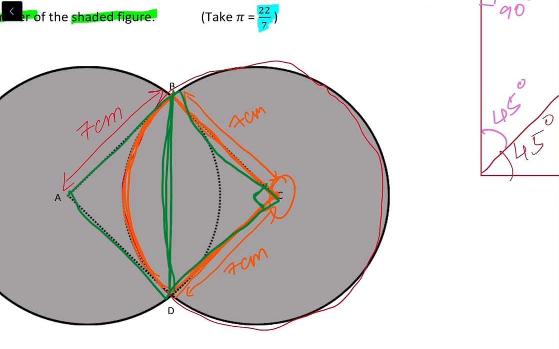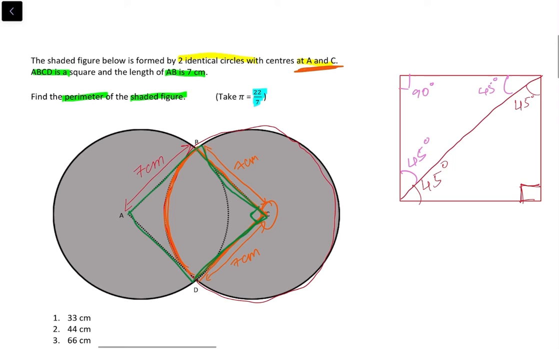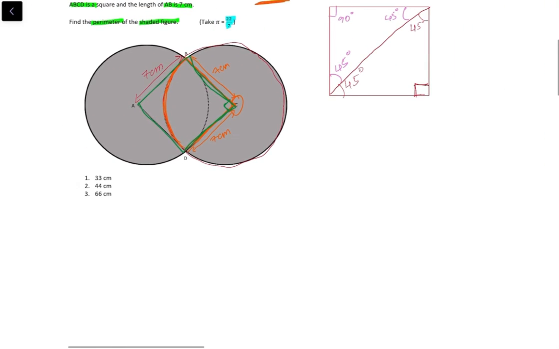Or even if we don't draw this line, since ABCD is a square, angle BCD would naturally be 90 degrees. So this helps us confirm that BCD is a quarter circle, a quadrant.